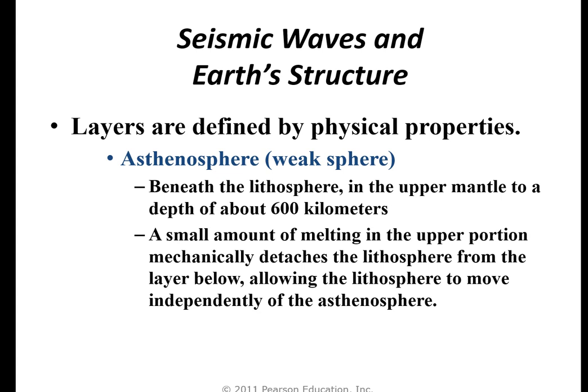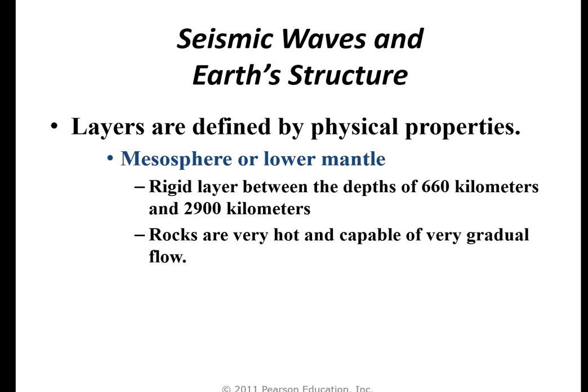A small amount of melting in the upper portion mechanically detaches the lithosphere from the layer below, allowing the lithosphere to move independently of the asthenosphere. The mesosphere means middle or lower mantle, a rigid layer between the depths of 660 kilometers and 2,900 kilometers, roughly 500 to 1,800 miles. Rocks are very hot here and capable of very gradual flow.